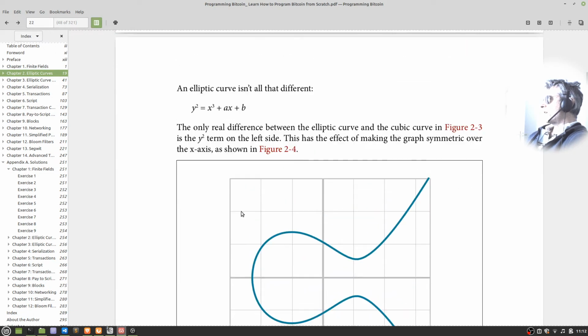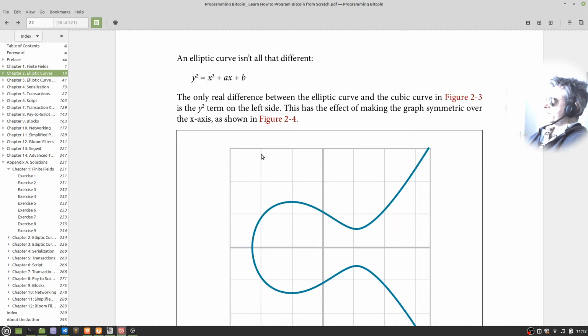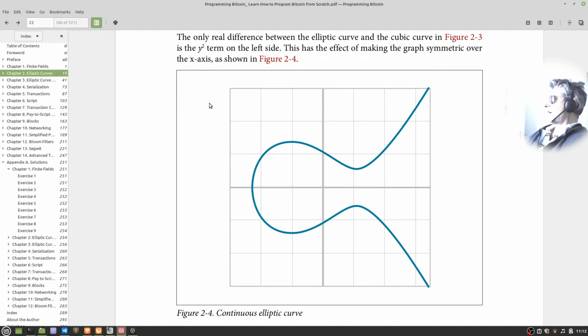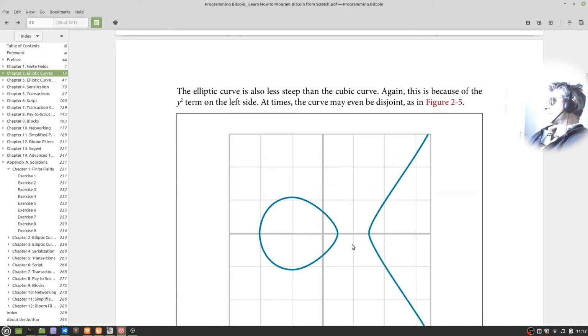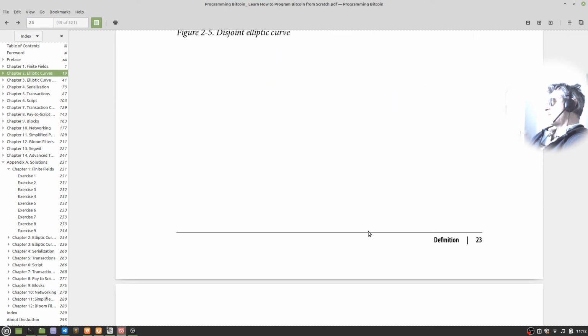And because you've got y squared here, even if it's a minus number, it works, but it's just on the opposite side of the x-axis, so you get a symmetrical shape. The elliptic curve is also listed again because of the y squared term on the left hand side, so you get the mirror image.